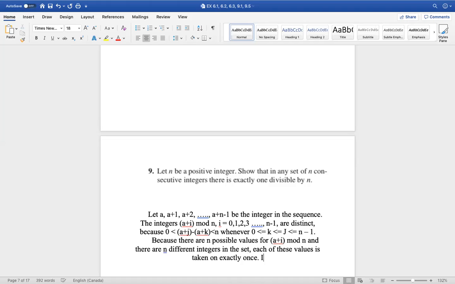It follows that there is exactly one integer in the sequence that is divisible by n.